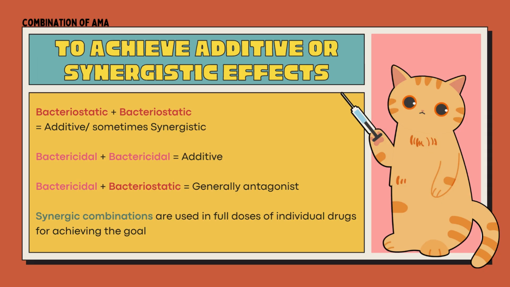So, to further discuss how to achieve additive or synergistic effects, the rules regarding combinations are: additive results when bacteriostatic and bacteriostatic are combined, and also when bactericidal and bactericidal are combined. However, sometimes there is a synergistic result when bacteriostatic and bacteriostatic drugs are combined.